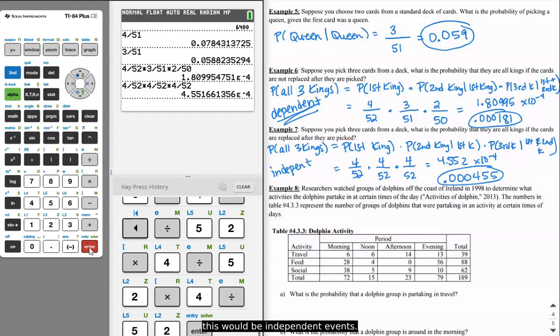And for independent events, you could have just written the probability of the first being a king times the probability of the second being a king times the probability of the third being a king, because they were all independent events. So there's really no conditional probability with example 7 since the events are independent.